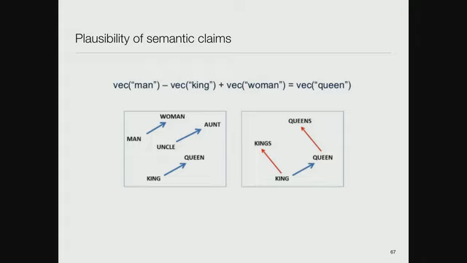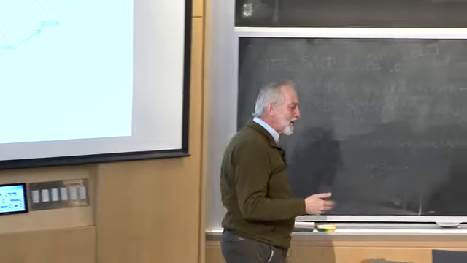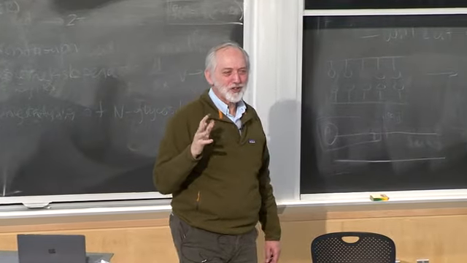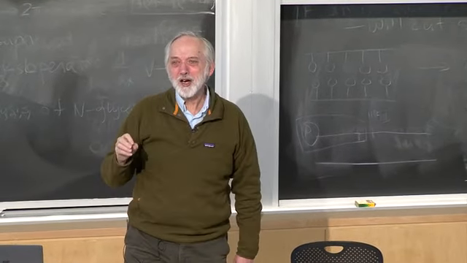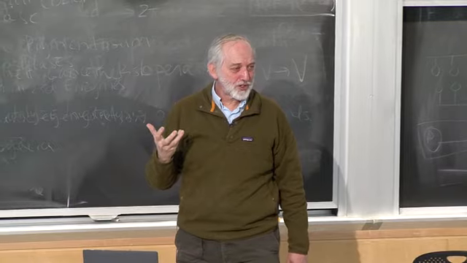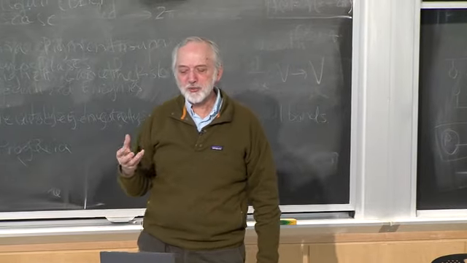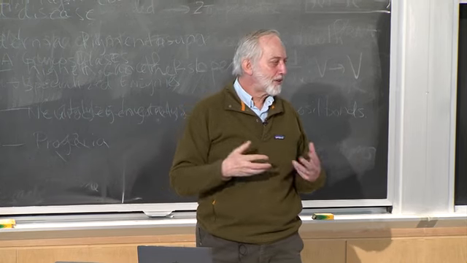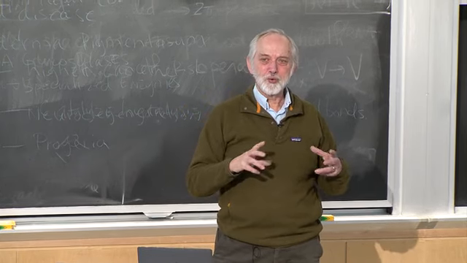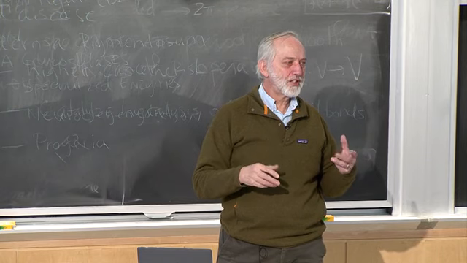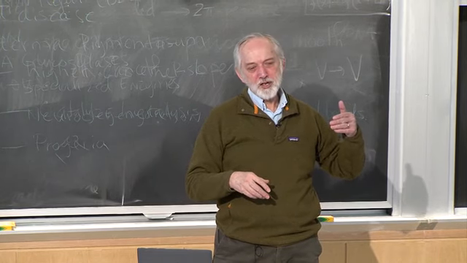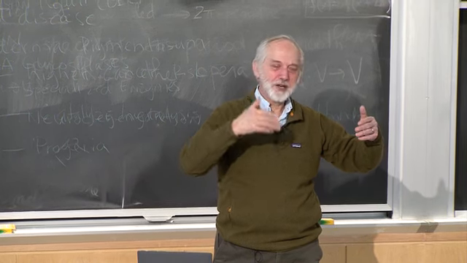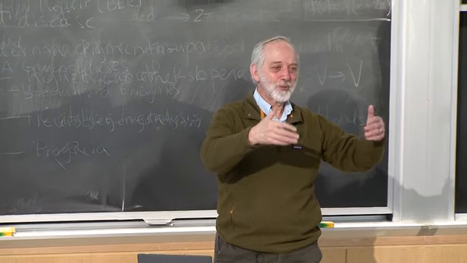And so they showed a number of examples, and then people have studied this. It doesn't hold up perfectly well. I mean, it's not like we've solved the semantics problem, but it is a genuine relationship. The place where it doesn't work well is when some of these things are much more frequent than others. One of the examples that's often cited is if you go, London is to England as Paris is to France, and that one works.